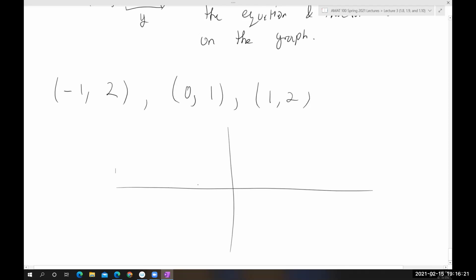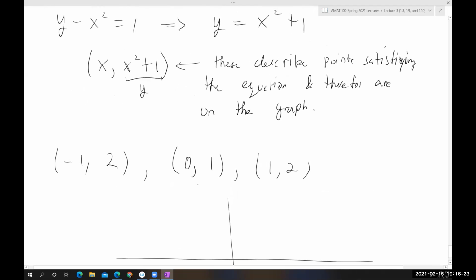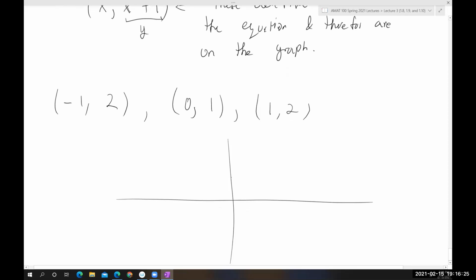The plot's going to look like a parabola, and it opens up at the point (0, 1). So this is a plot of y is equal to x squared plus 1.